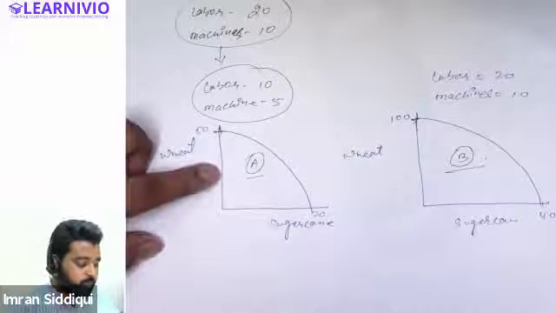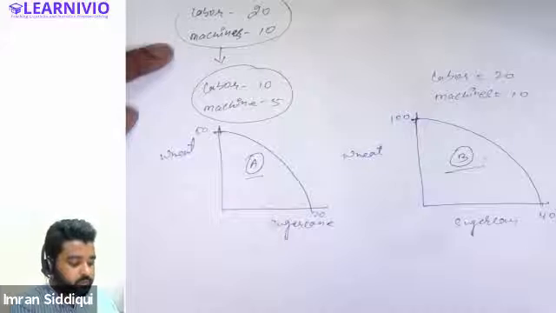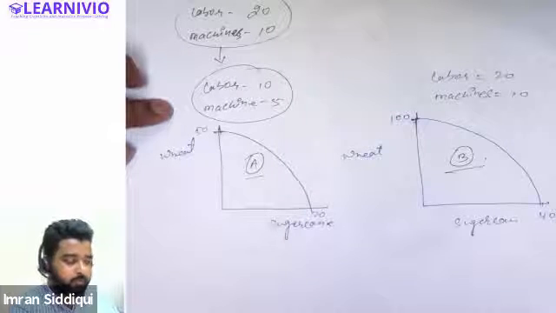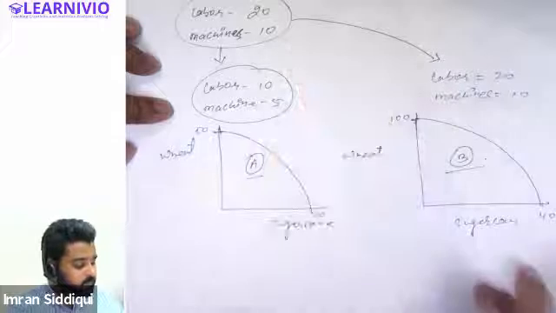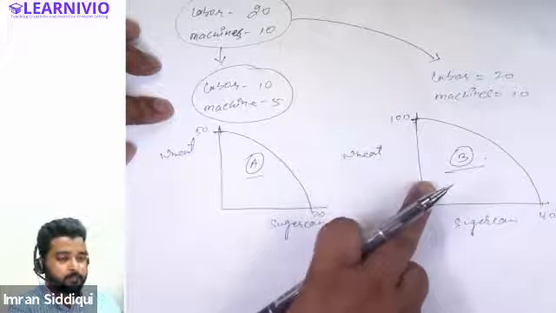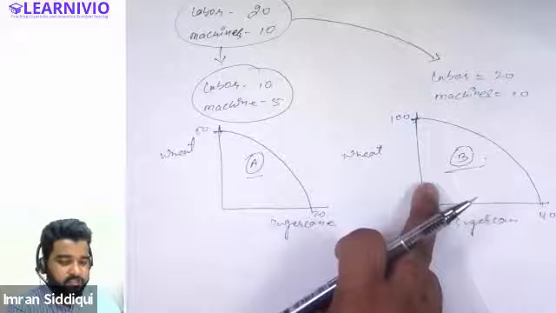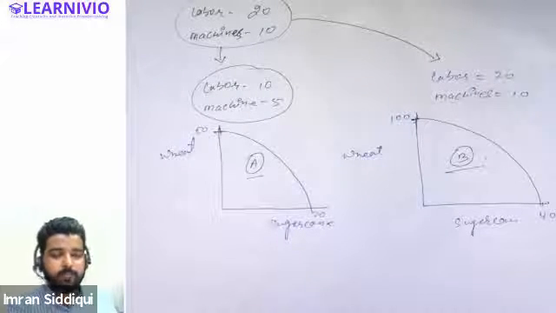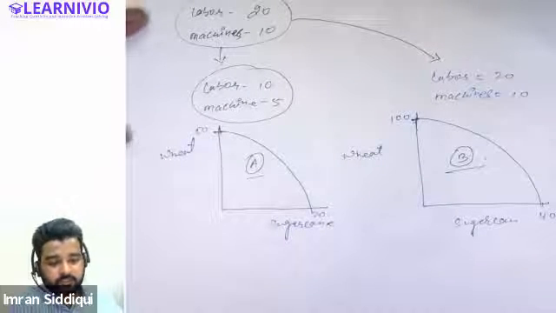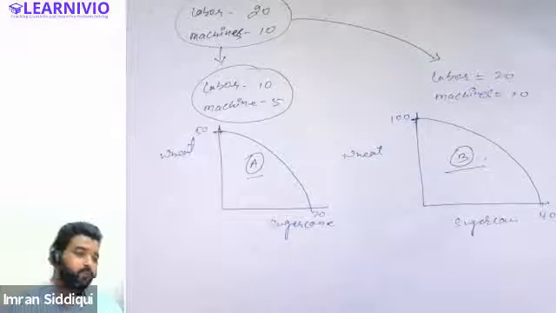While drawing the PPC A, we have assumed that the producer is only using half of the available resources, and while drawing the curve B, we have assumed that the producer is using all of the available resources. So in which case will the production possibility curve show the maximum capacity of the producer, in case of production possibility curve A or in case of production possibility curve B?